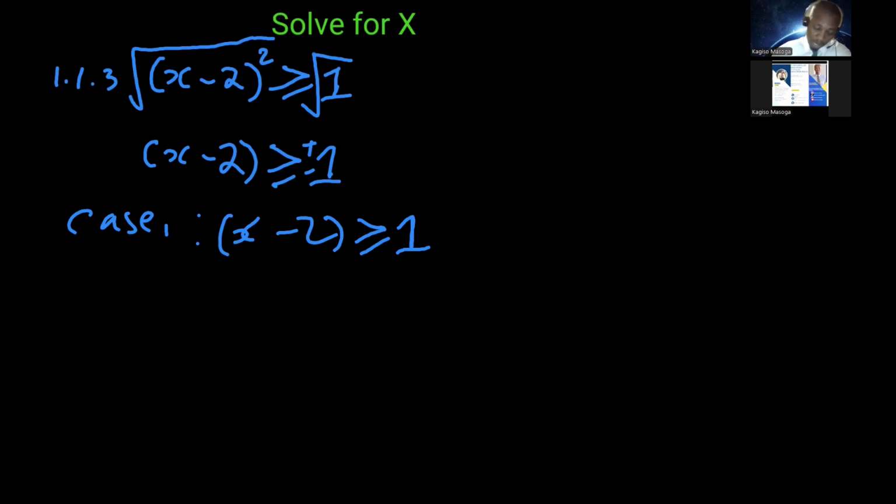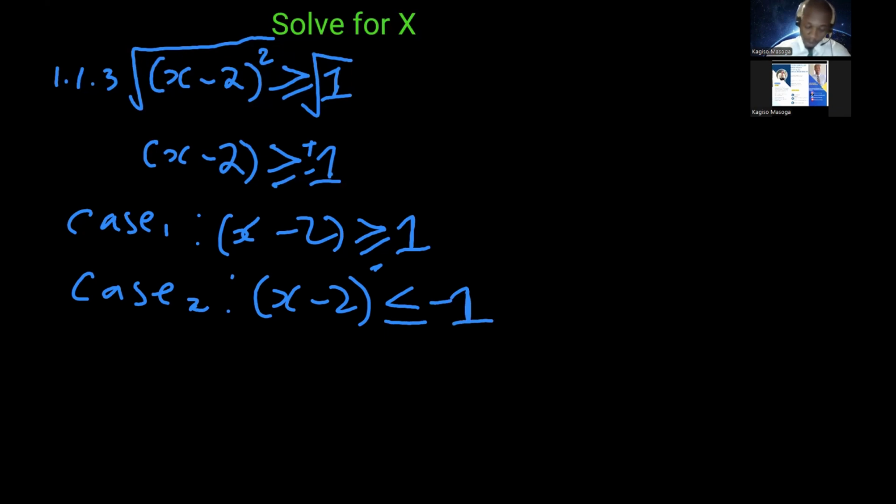This is what this inequality means. Now we have case 2, whereby you will have x minus 2 and negative 1, remember. So now x minus 2 is less than or equal to negative 1.